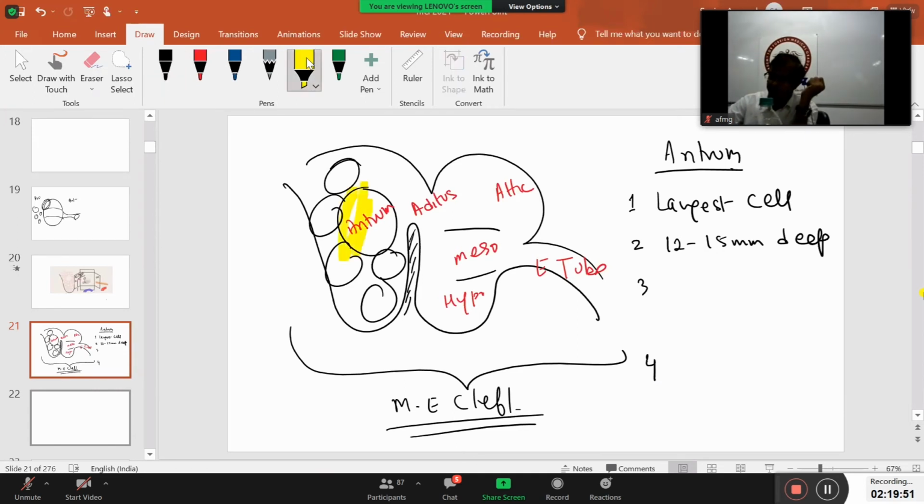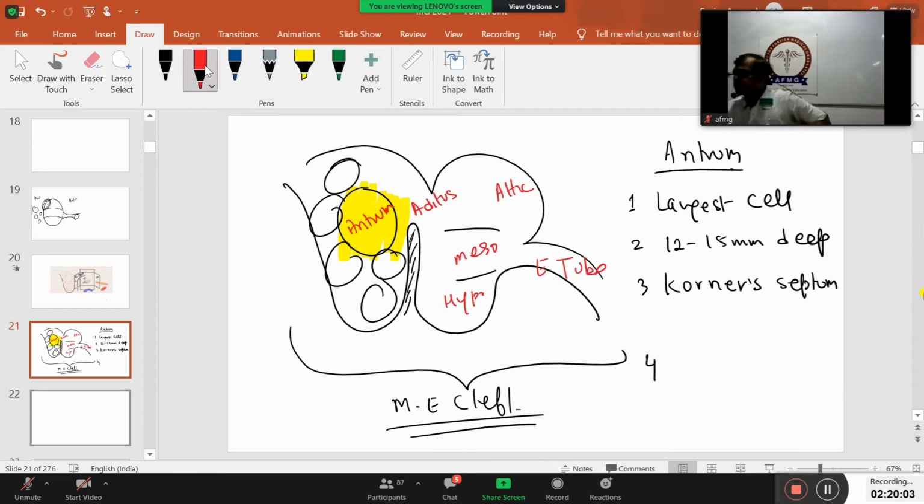Now comes the clue. There is a septum on the antrum, a covering called Koerner's septum. This name is very important. What they ask you about Koerner's septum is, how is Koerner's septum formed? What is Koerner's septum basically?